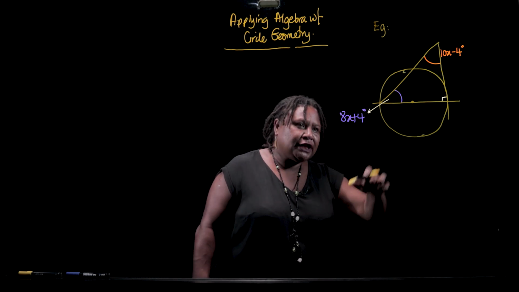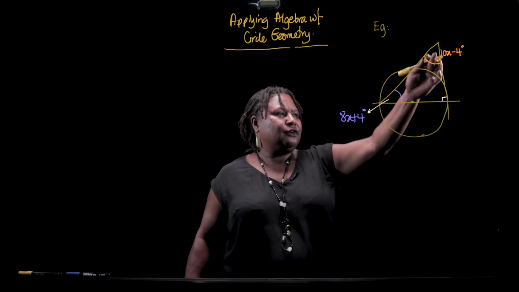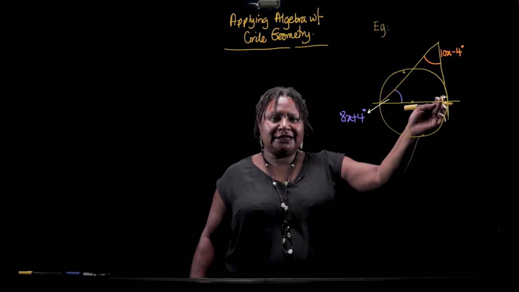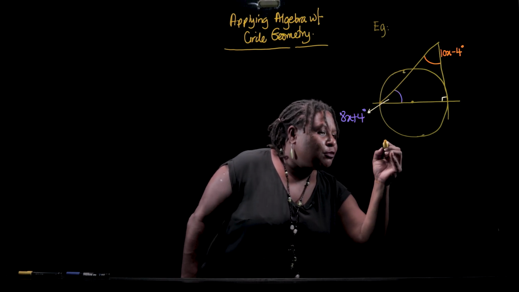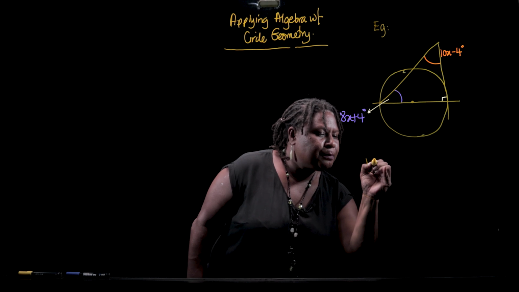In order to do that, we are going to apply the angle sum of the triangle. We've already used the circle property to identify this angle. So now we use the angle sum of a triangle, which is 180 degrees.